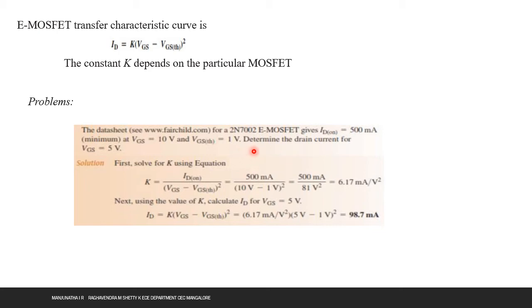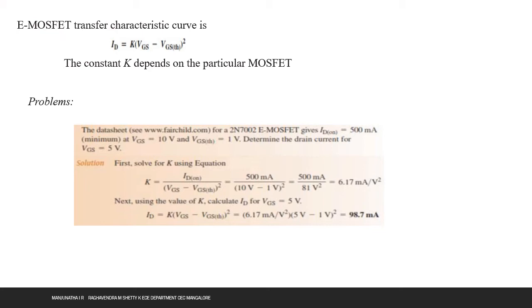Now the next statement is very important to understand. Determine the drain current for VGS is equal to 5 volts. So what we have to concentrate on here is to determine the drain current for a given value of VGS is equal to 5 volts.